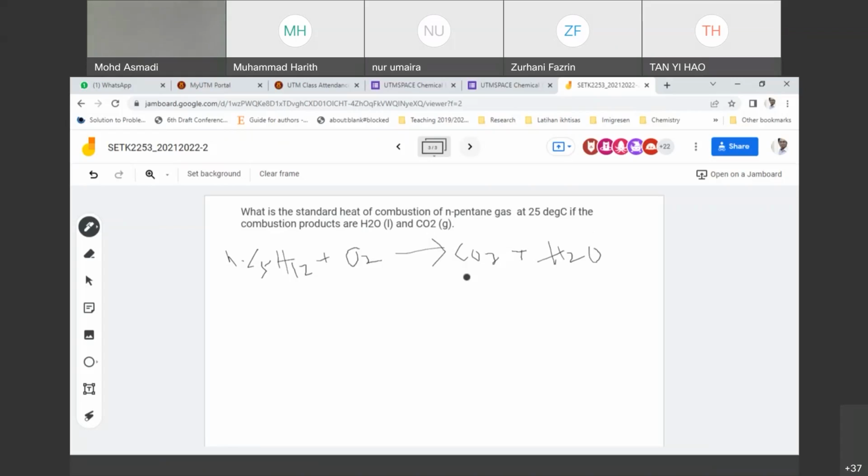So what is the standard heat of combustion, delta H? Can anyone calculate? Standard heat, because it's a standard condition.